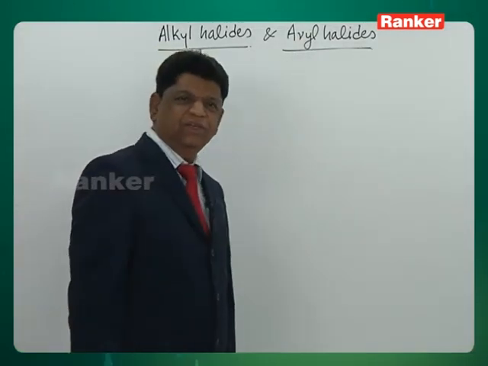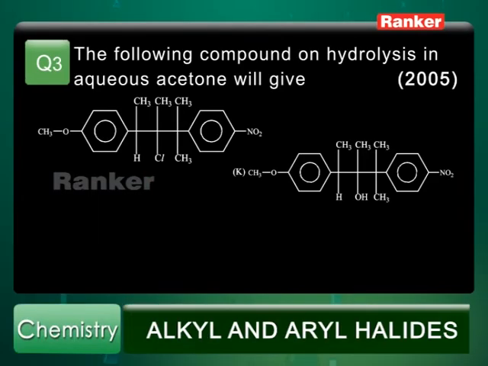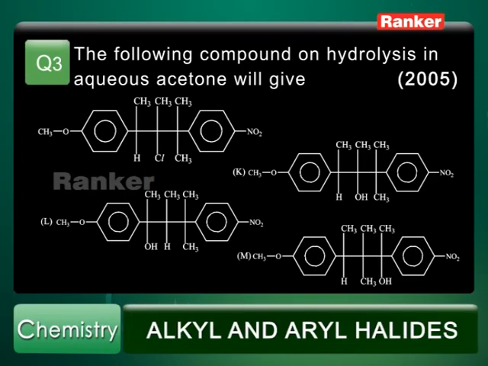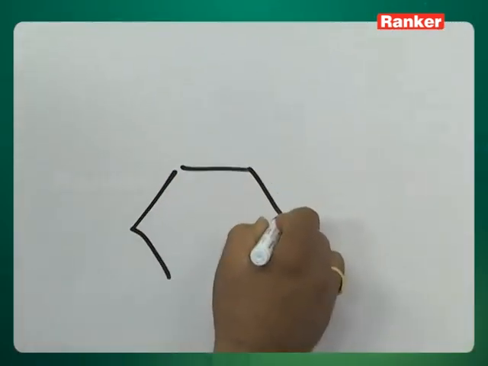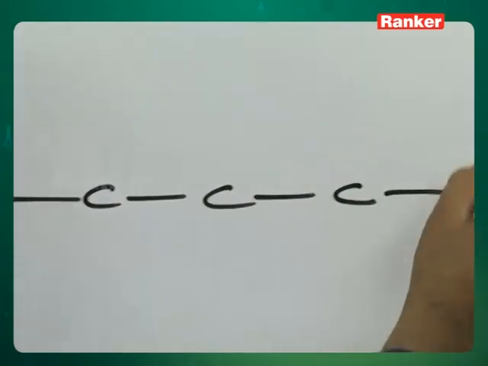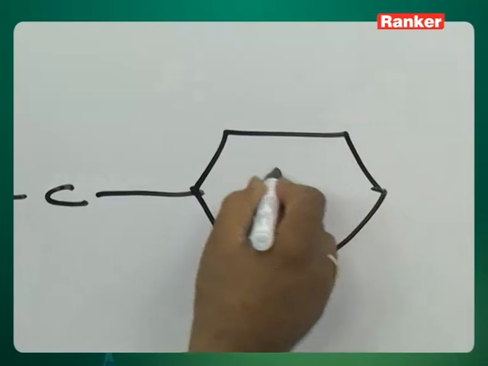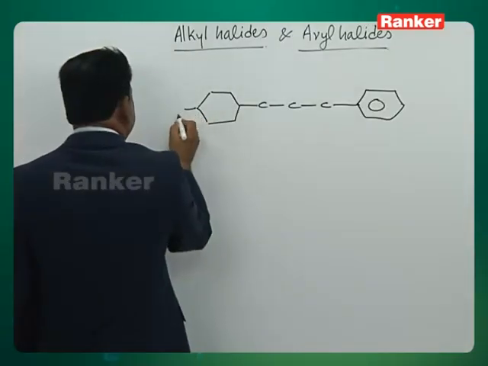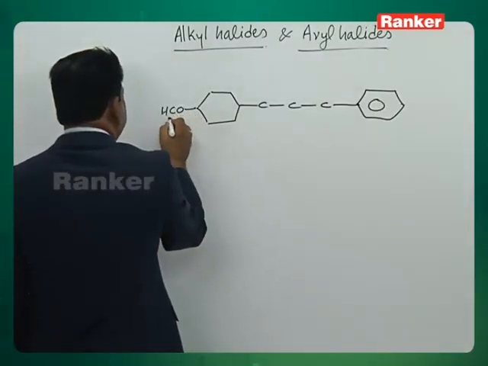So let's go to question number 3. The following compound on hydrolysis in aqueous acetone will give which of the three different answers given? In this compound there are two different phenyl rings attached through three carbons. One of the phenyl rings has an activating OCH3 group.